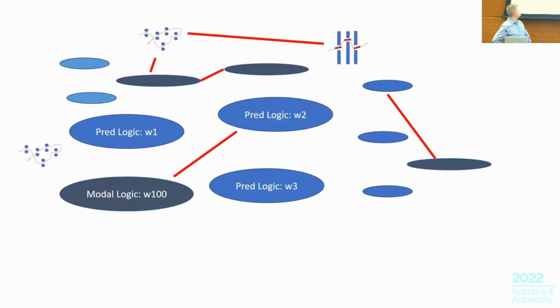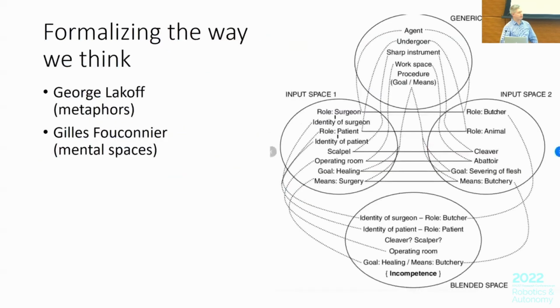And this is where robotics becomes interesting: it's not only logic, discrete things, it's also models that are continuous. We think through logic and through the continuous world. The challenge, what we are trying to do, is to re-inject that into the syntactic rules so that we make it completely deterministic. I just want to mention a lot of work from Gilles Fauconnier, who spent decades trying to describe how different logics can be linked together.